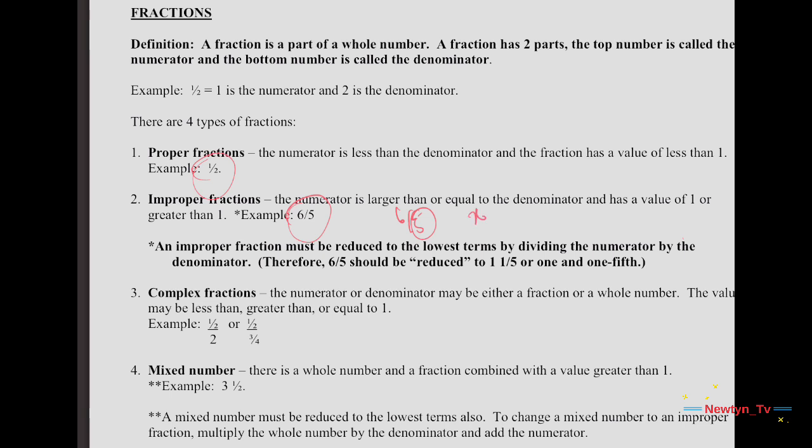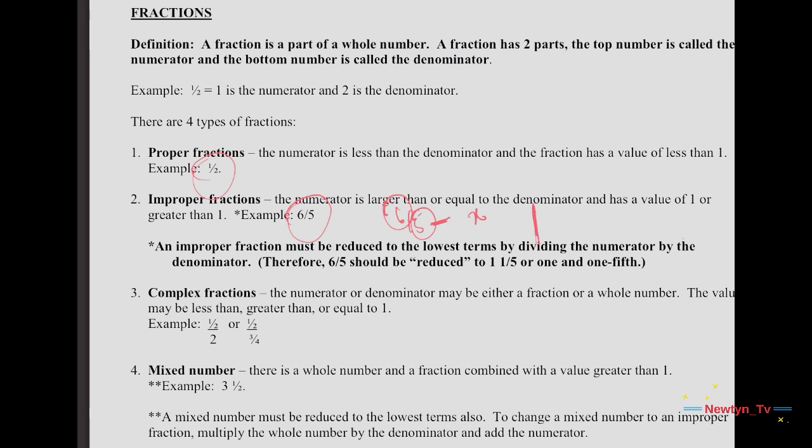Let's say the number is x. We are looking for a number x that when we multiply by the denominator, we get 6 or closer to 6. So what number can we multiply by 5 to get 6, or closest to 6? That is 1. So we write our 1 there.